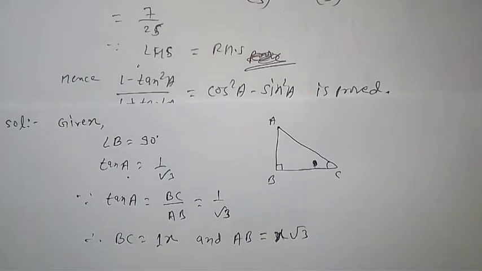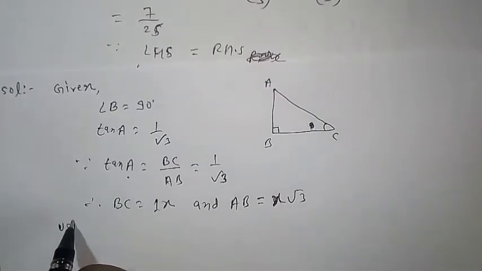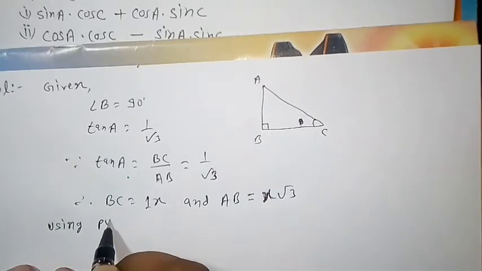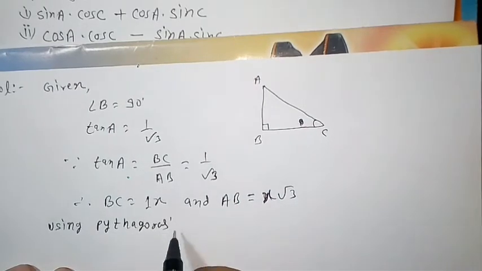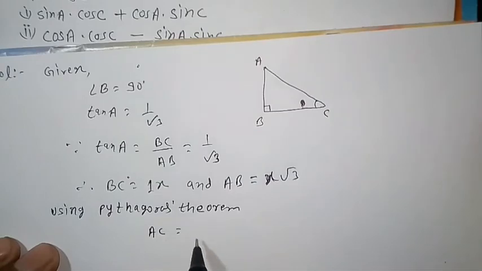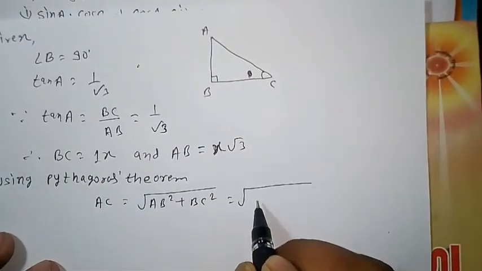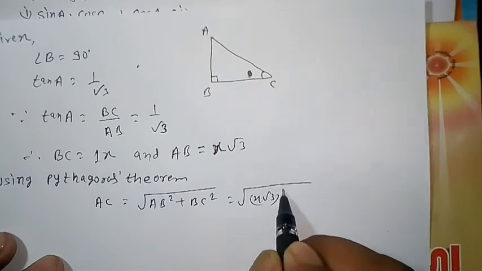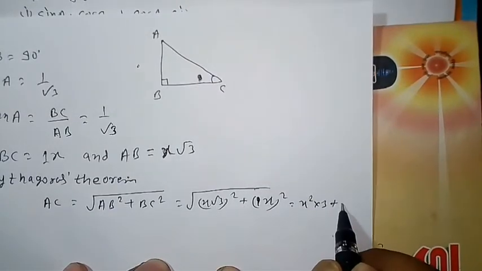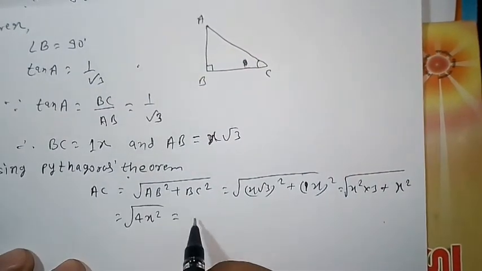Now applying Pythagoras theorem, AC is equal to root under AB square plus BC square, which is equal to root under x root 3 the whole square plus 1x the whole square, is equal to x square into 3 plus x square, is equal to 4x square, is equal to 2x.